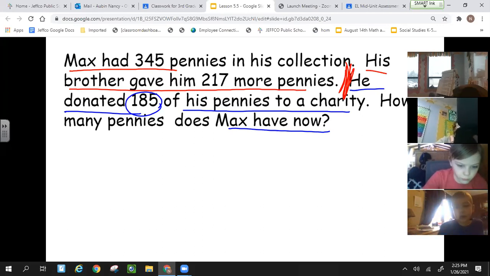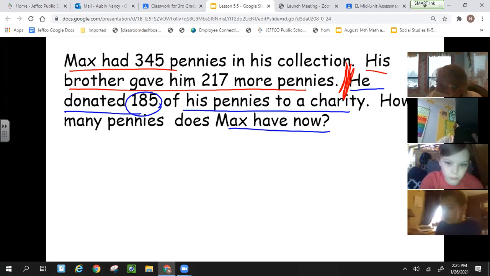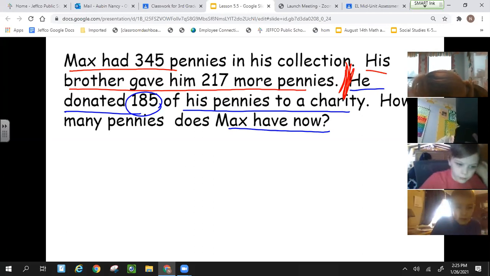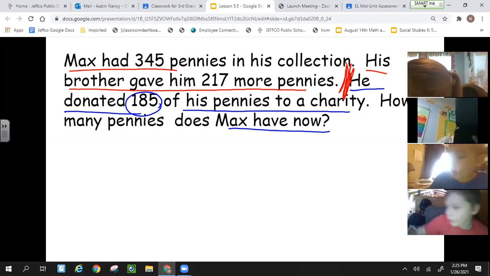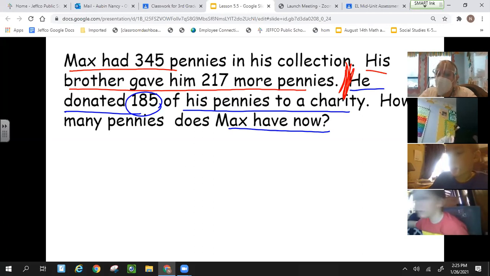Okay, share with your neighbor what you got. See if you agree or disagree. All right, Jensen, what answer did you get? I got 317. Okay, what did you get, Leo? 377. Okay, so you guys have different answers.